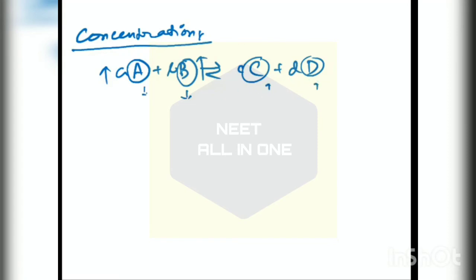At some point, the decreasing concentration of A and B becomes the same as the increasing concentration of C and D. That's when the equilibrium is achieved again.